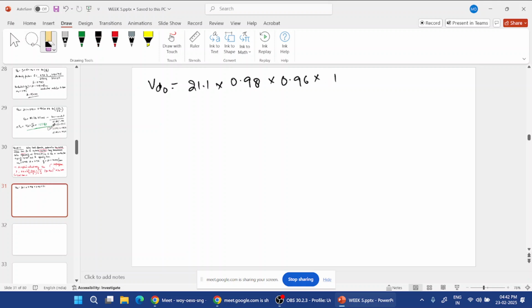Do check those values. R radius is 0.6, log 300.6. I hope it is right. Now give me the answer to this value. You all have to calculate using the calculator and give me the value.